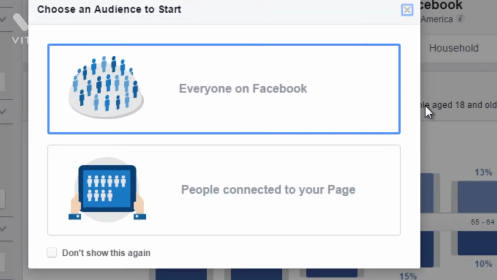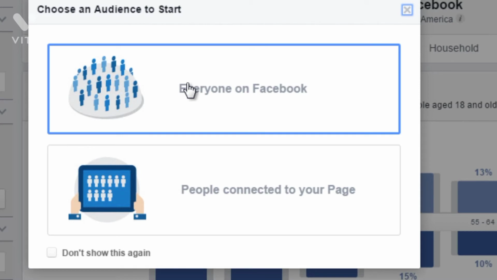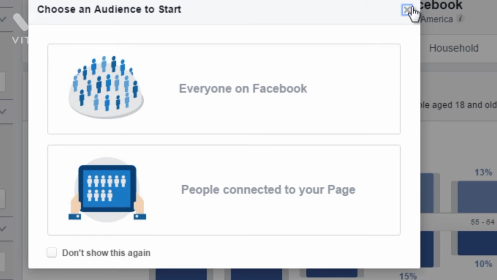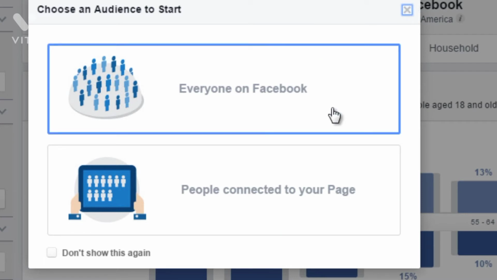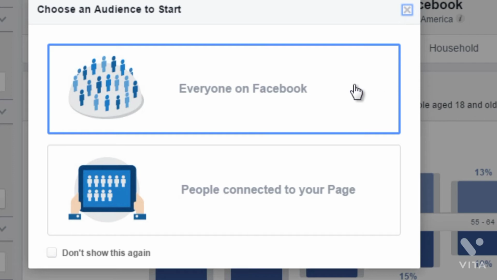It'll say, choose an audience to start. Either everyone on Facebook or people connected to your page. Now, this is the assumption that you haven't started a page, haven't started anything yet, your page doesn't have an overflow of traffic to it, so you definitely want to start with everyone on Facebook.